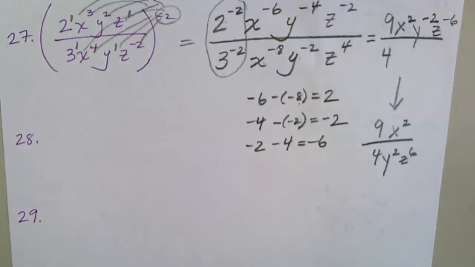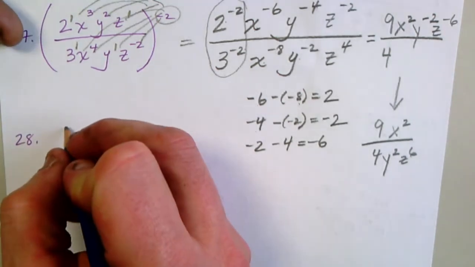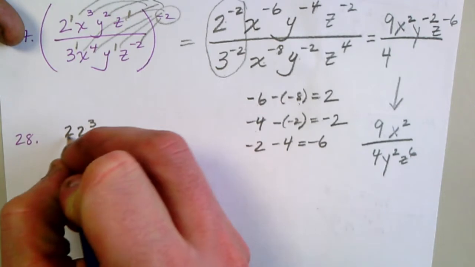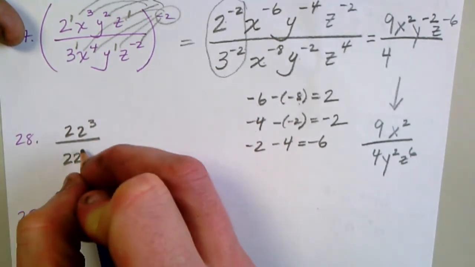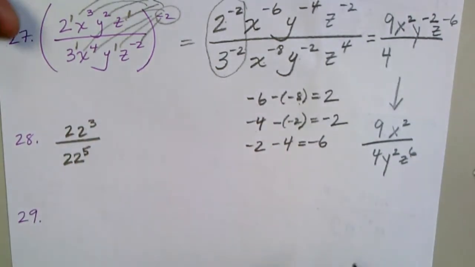Number 28. If we look at number 28, here's what it says. A lab technician draws a sample of blood. A cubic millimeter of blood contains 22 to the 3rd white blood cells. Unbelievable. And 22 to the 5th red blood cells. What is the ratio of white blood cells to red blood cells? Okay. So if I was to set that ratio, 22 to the 3rd over 22 to the 5th. Okay, what's that ratio?